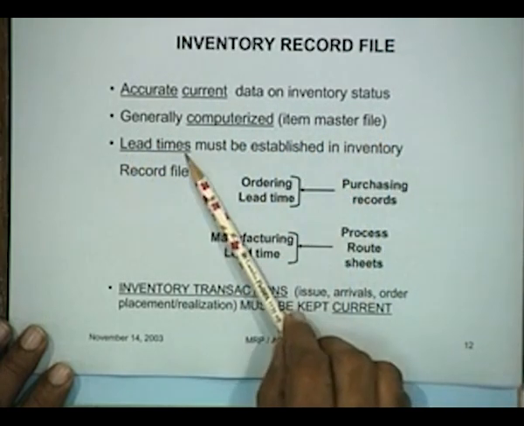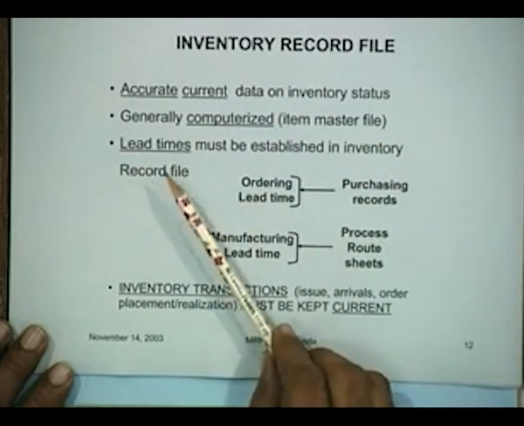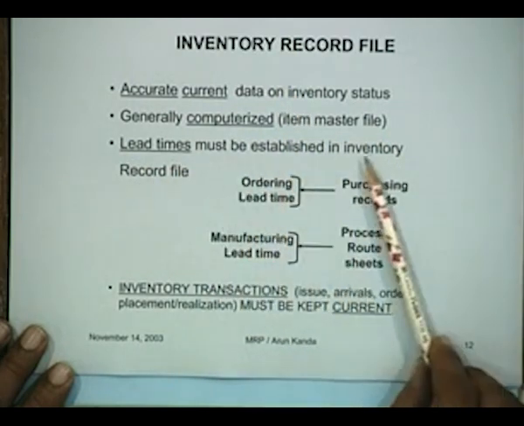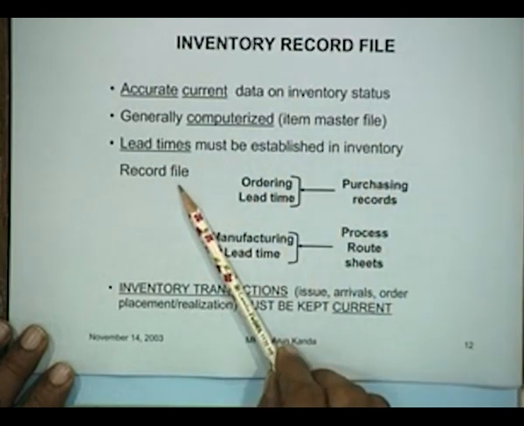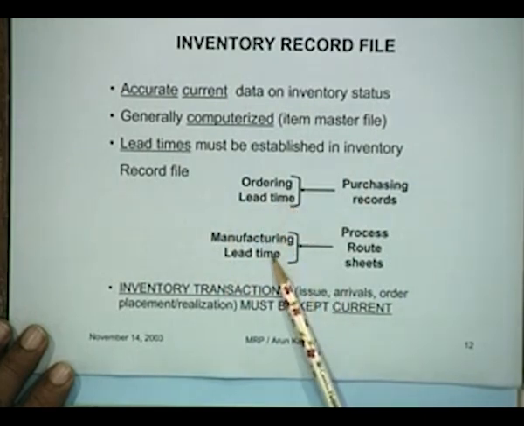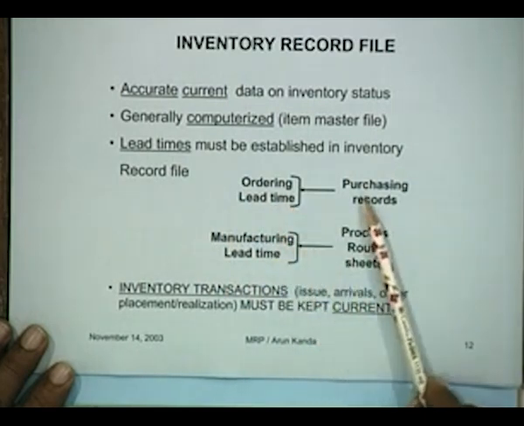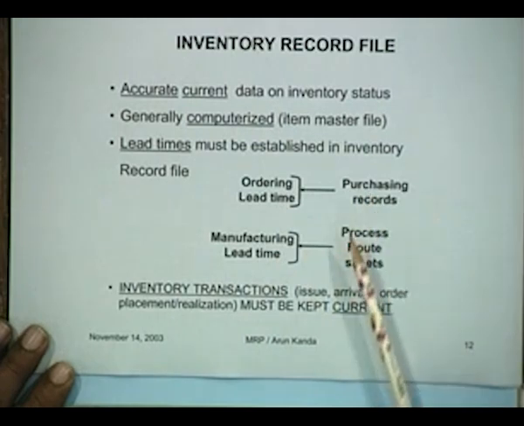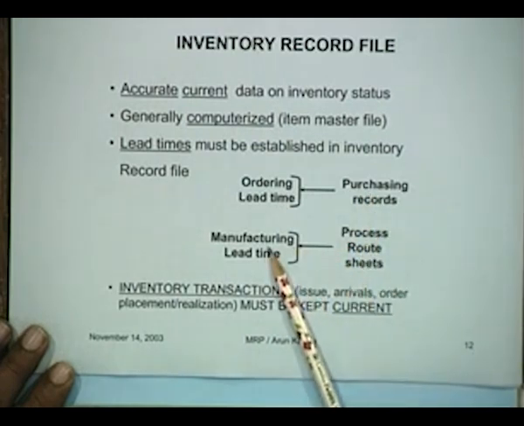And in this, when we are talking about the inventory status, lead times must be established in the inventory record file. We talk about both the ordering lead times and the manufacturing lead times. So this comes from the purchasing records, and this comes from the process route sheets of the manufacturing that you are doing within the factory.